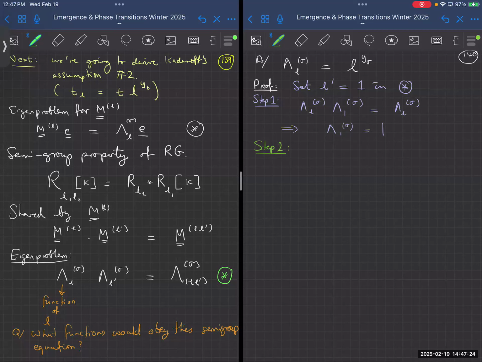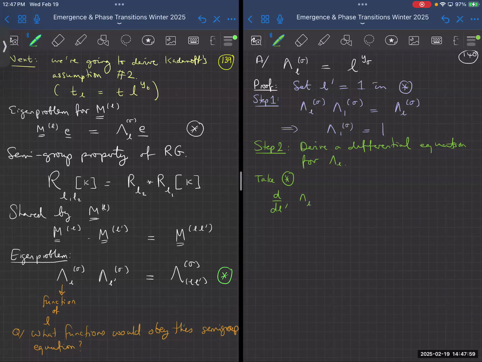So step 2 is derive a differential equation for lambda of L. So the idea is take the semi-group equation, take star, and I'm going to differentiate it with respect to L prime.